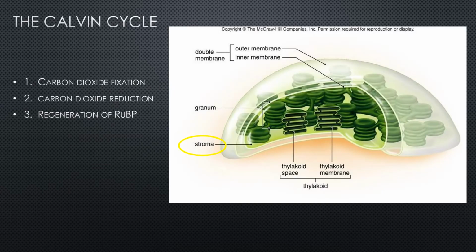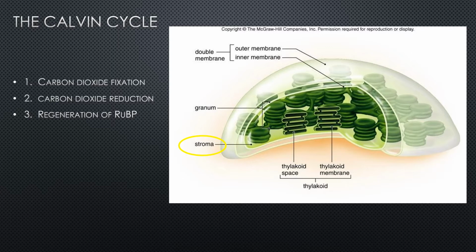Okay, so the Calvin cycle is broken down into three different parts. The first is carbon dioxide fixation. Sometimes it's also called carbon fixation. And what we mean by fixation is taking the carbon that's in an inorganic form, and by linking carbon to another carbon, we are going to put it into an organic form that we can use.